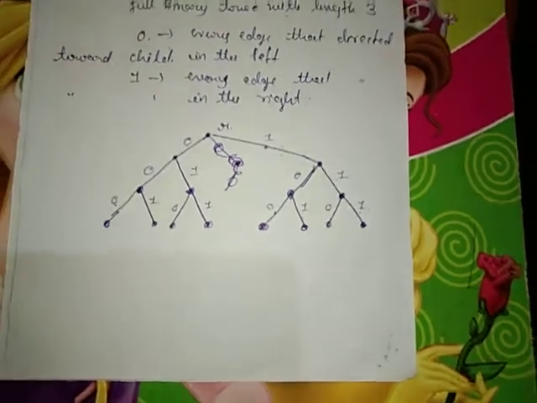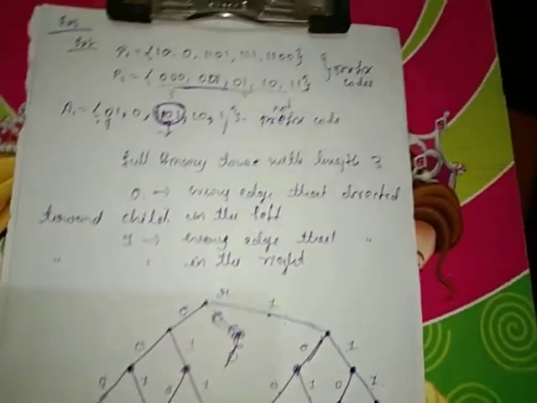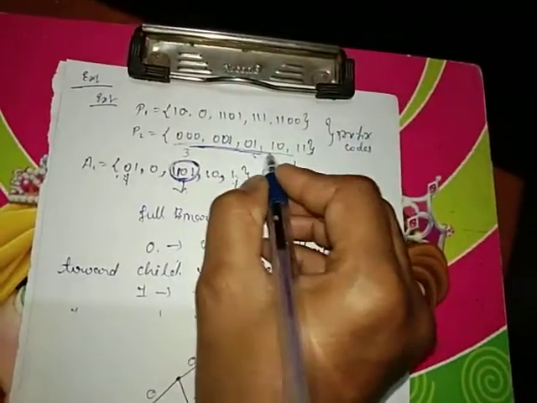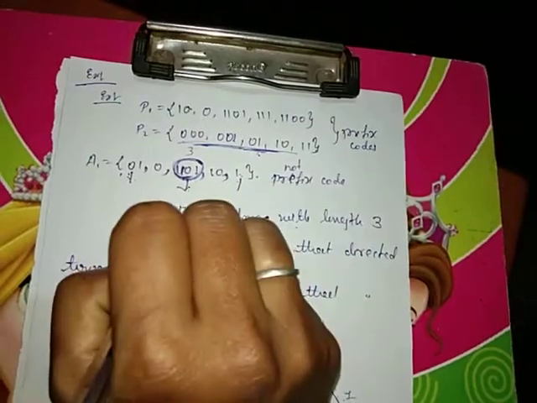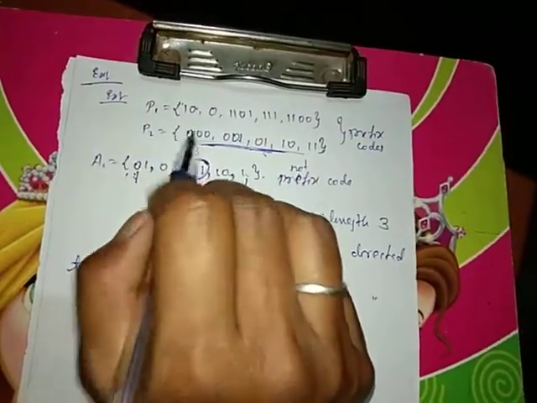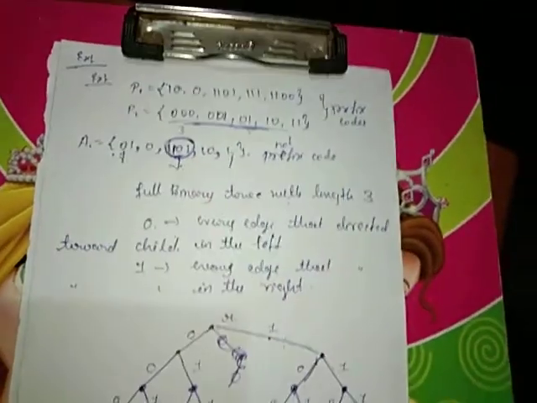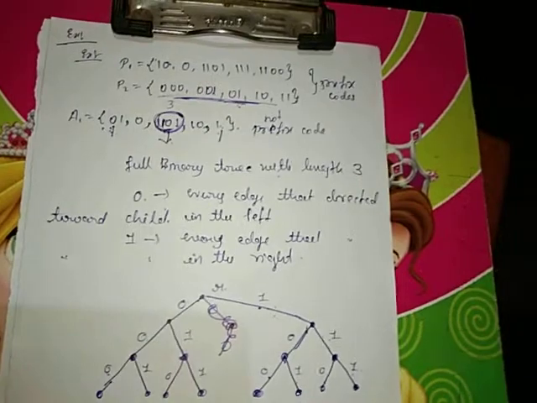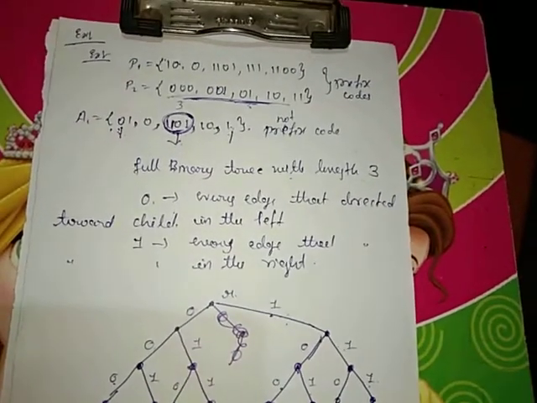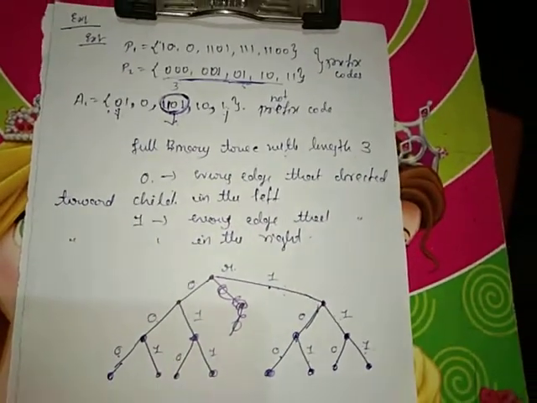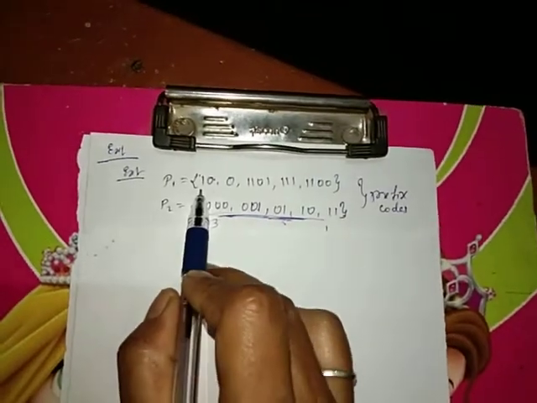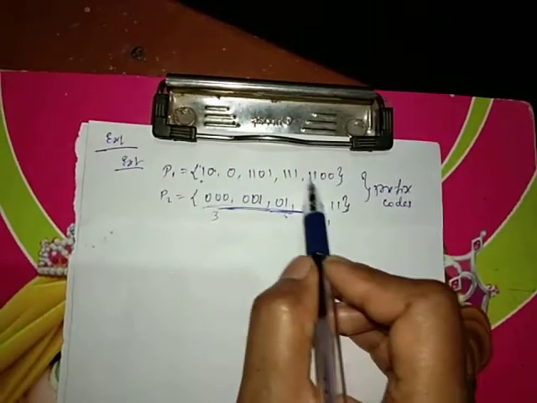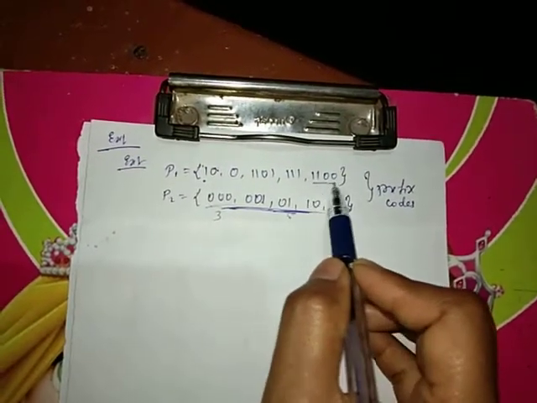So now on that basis we have to construct binary trees for these two prefix codes. For the first one, see here, the highest length of the sequence is 4.